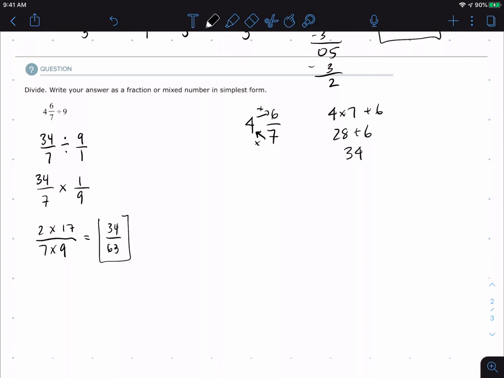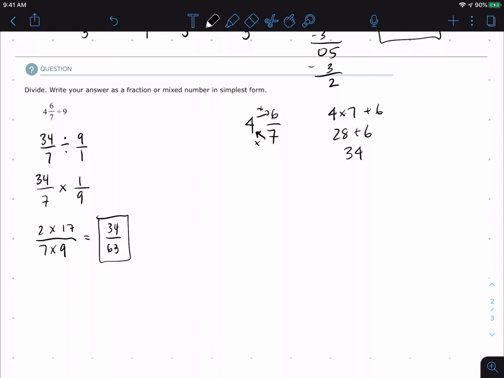That is the answer. And since the numerator is smaller than the denominator, that is your answer. You okay? Mm-hmm. That's called the reciprocal, right? That's right. We reciprocate by flipping it.